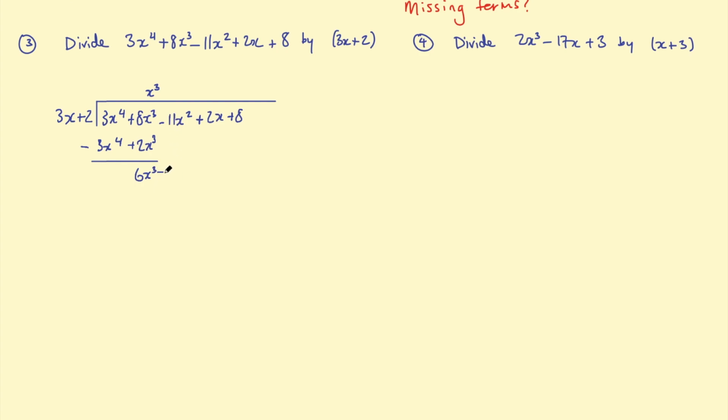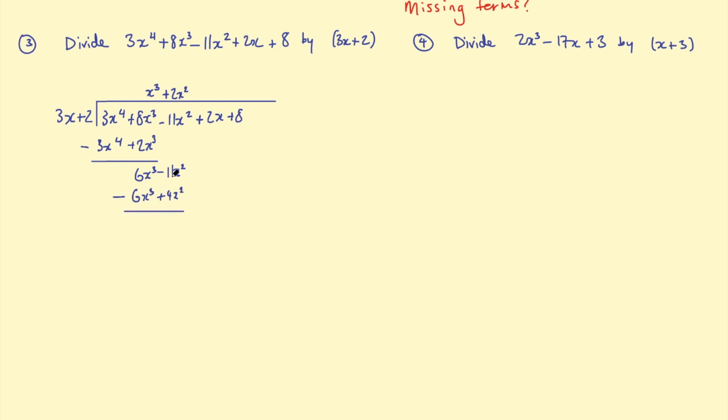Carry down the next term in the dividend. Then divide 6x cubed by 3x. That's plus 2x squared. Then multiply that term by the divisor. So 2x squared times 3x plus 2 is 6x cubed plus 4x squared. Subtract these, that's 0.